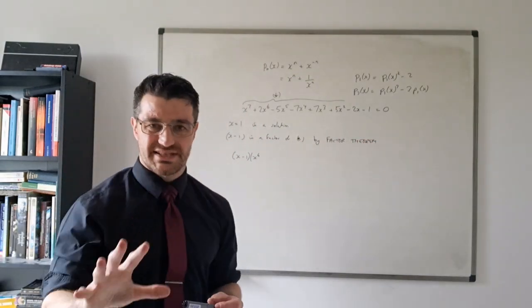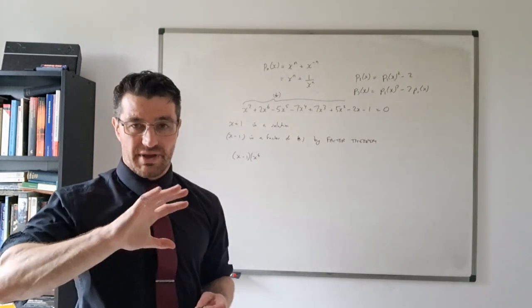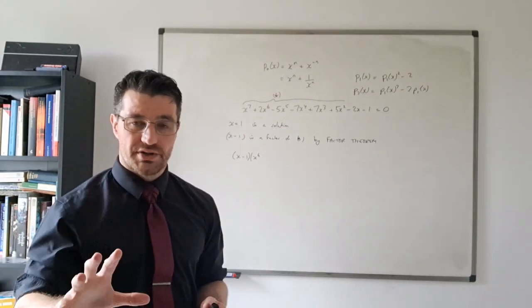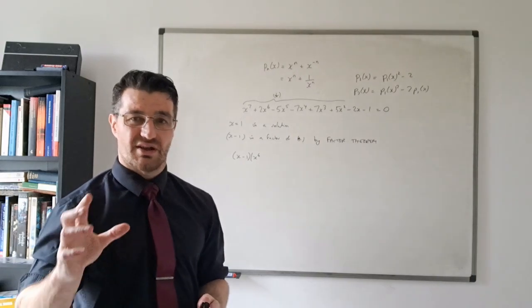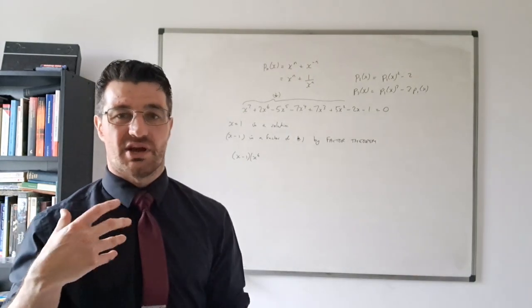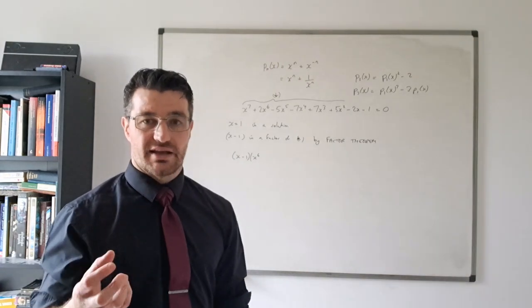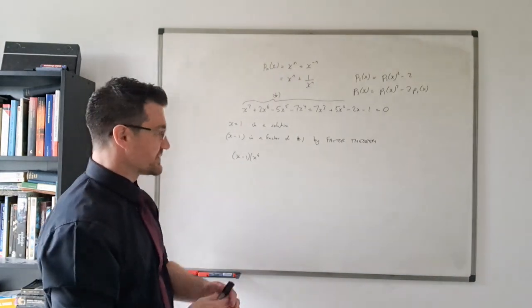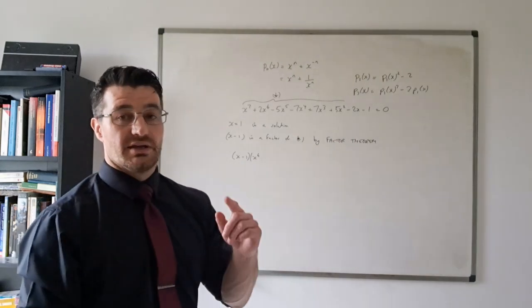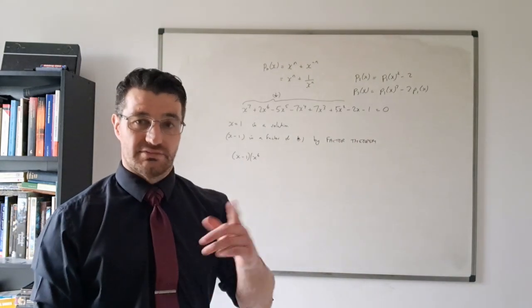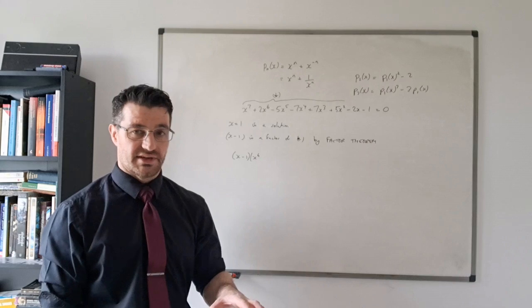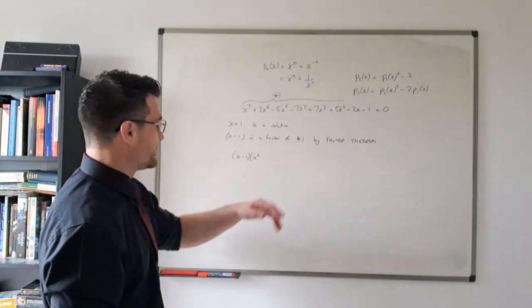Always be as explicit as you can be on your MAT exam about what you've done and why you've done it. You don't need to go into an excessive level of detail, but you do need to make it clear how you're arriving at your conclusion. If you've used factor theorem, nobody knows about it unless you say that you've used factor theorem. You've got to make it clear.